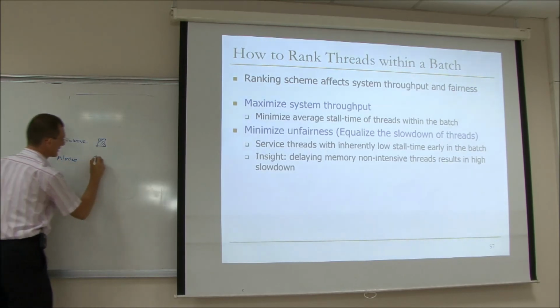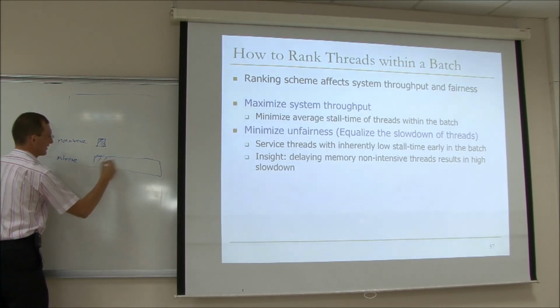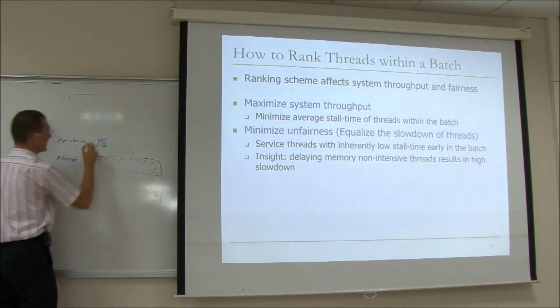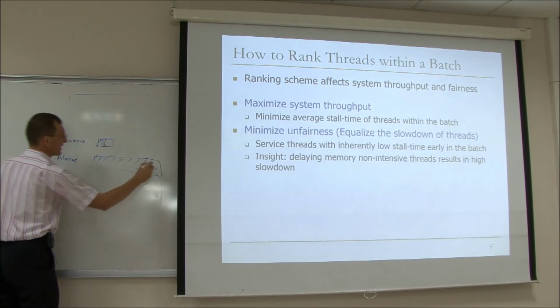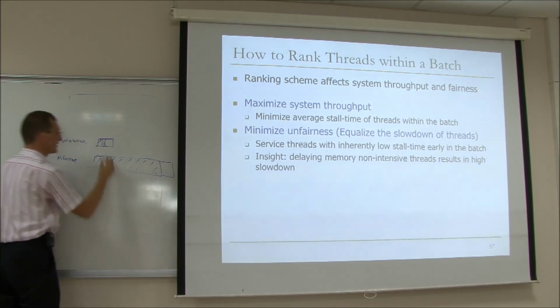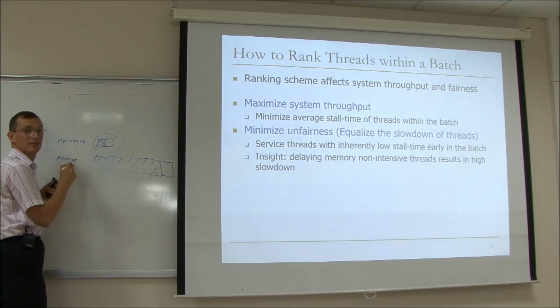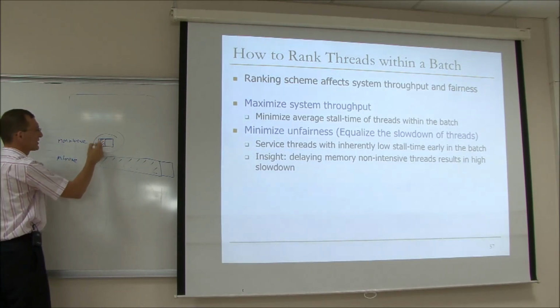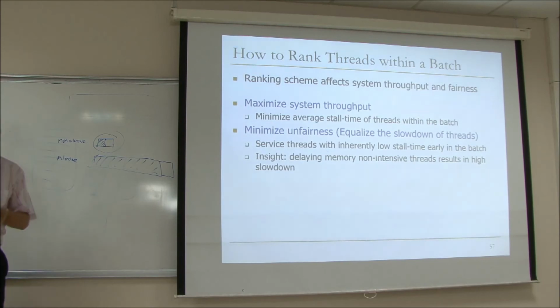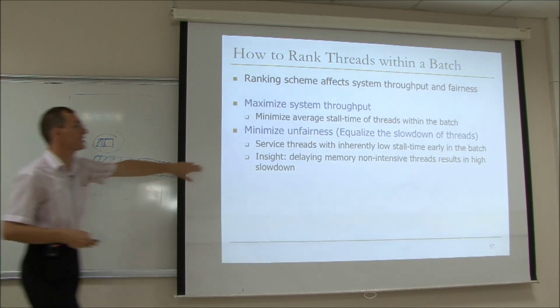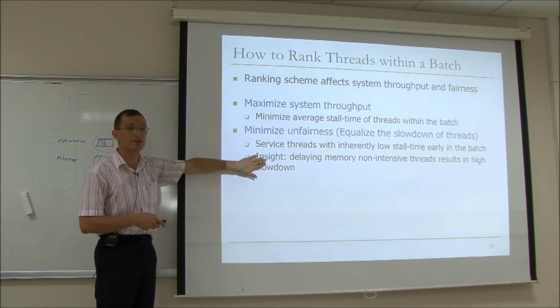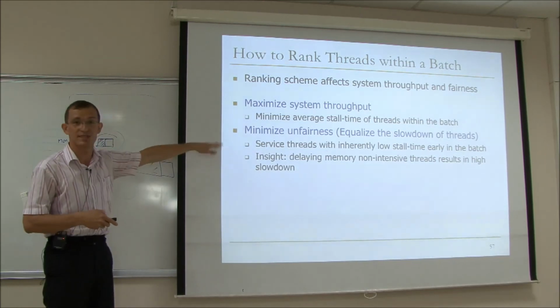Its stall time is this much. If you delay this thread by this much and the other thread by this much, you see that this slows down a lot more, because it's needing only this much from memory. Right? So that's the key insight. Delaying memory non-intensive threads results in high slowdown, so we'd like to not do that. And we'll use this insight later on again.